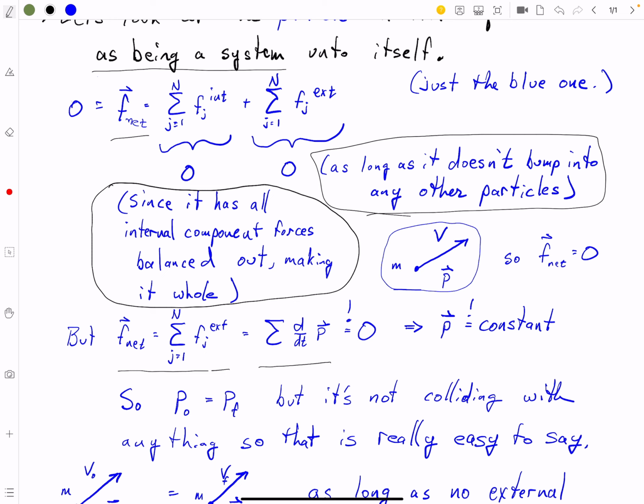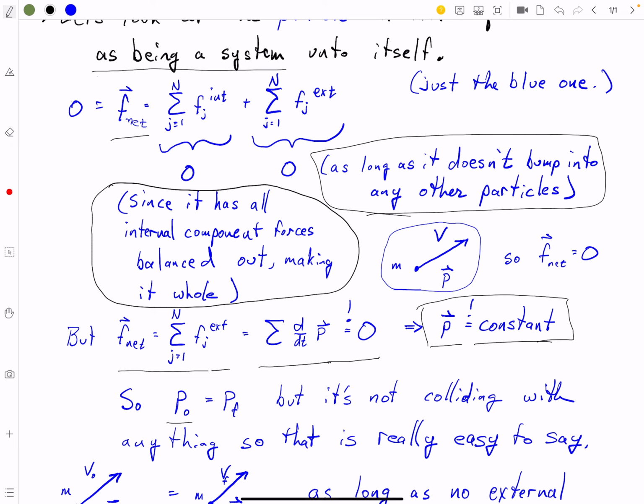And if we're only summing over that one particle, then if you take the derivative of something and it equals zero, that means that whatever that thing is, it's a constant. So our momentum has to be constant.